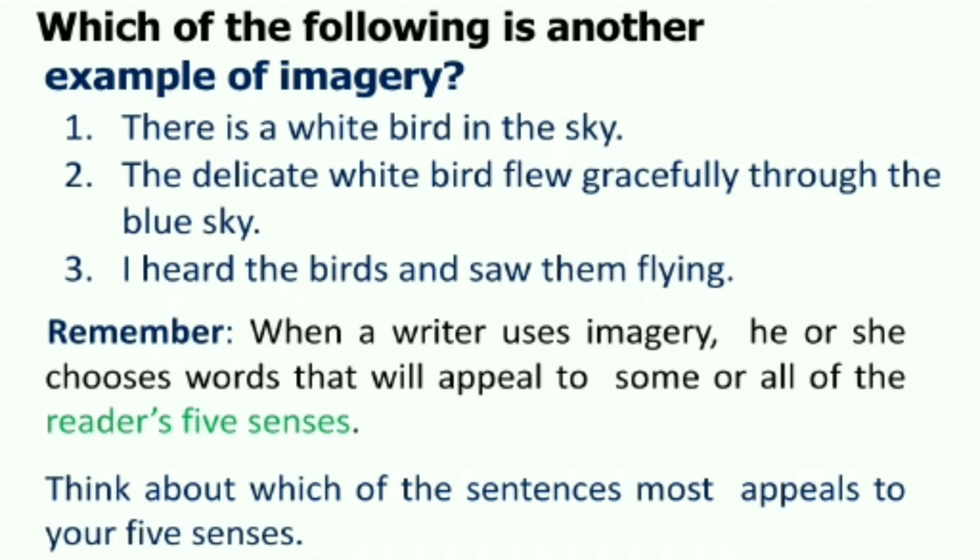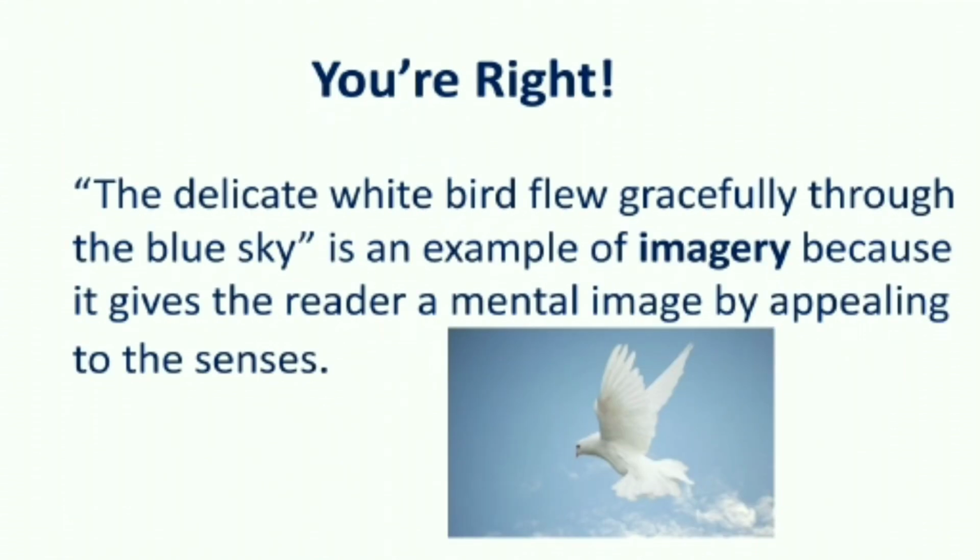Friends, remember, when a writer uses imagery, he or she chooses words that will appeal to some or all of the reader's senses. Now, you just think about which of these sentences most appeals to your five senses. Yes, you are right. The delicate white bird flew gracefully through the blue sky is an example of imagery because it gives the reader a mental image by appealing to the senses.